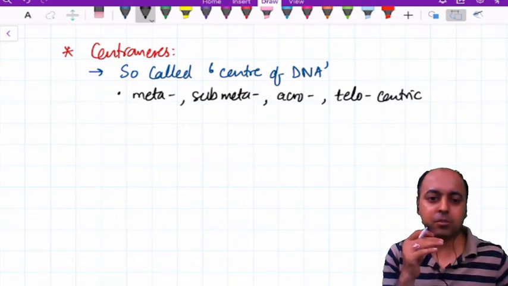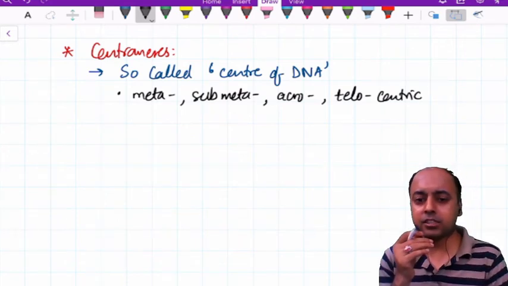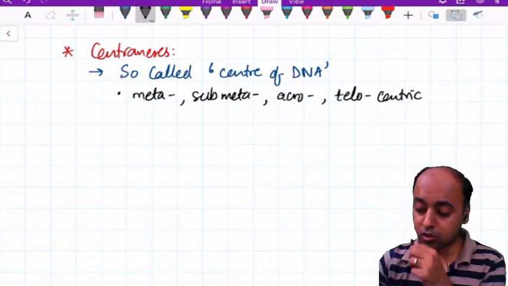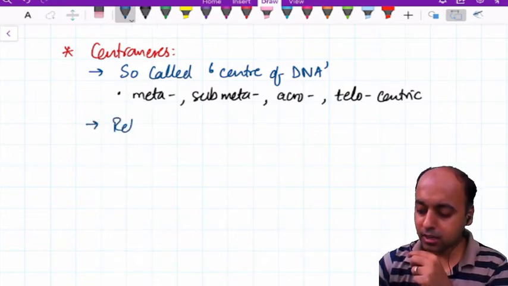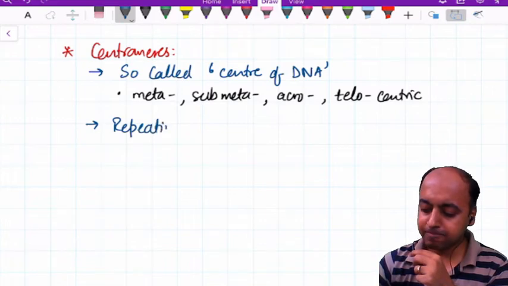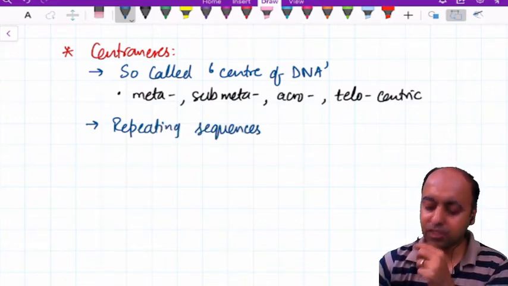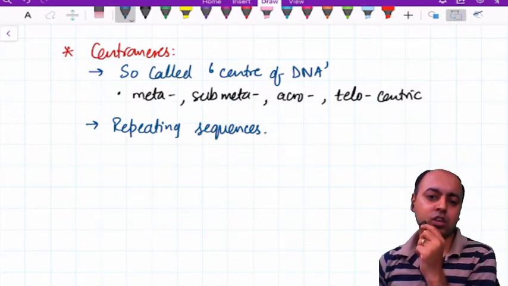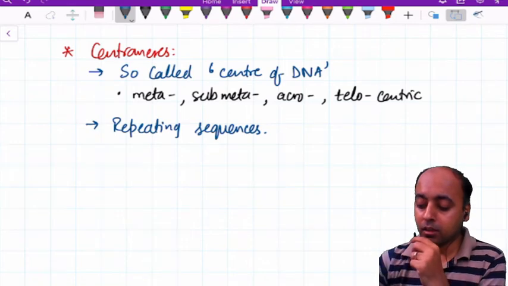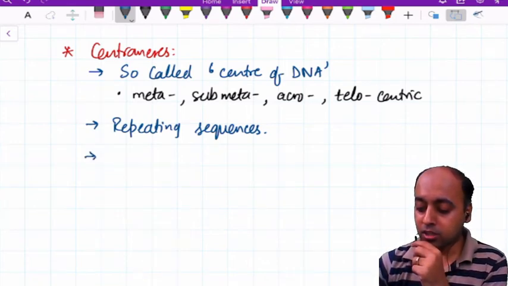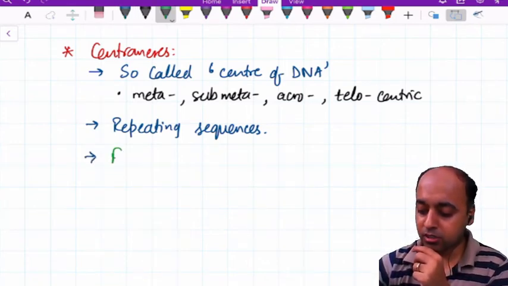The centromere can be present anywhere. However, it is still called the center of DNA. Although these are repeating sequences, they do not have a specific pattern. However, the function, they have a well defined function.